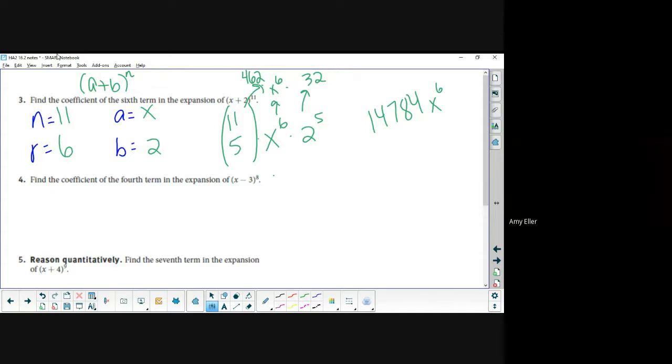Is that my answer? No, my answer is find the coefficient of the 6th term. So I only have to circle the coefficient. Questions before we go on to number 4?